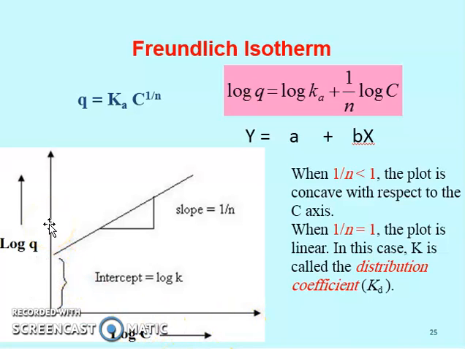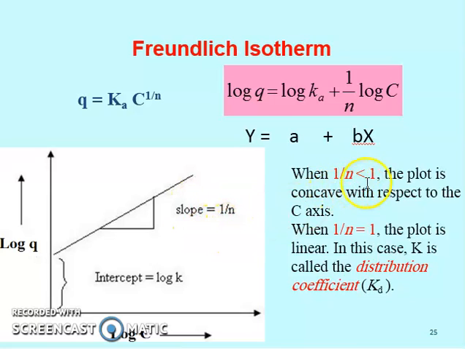It's easy to obtain. Plot it on a line. The intercept point is log K, while the slope is easy to calculate. Isn't it the difference between 2 points on the y-axis and 2 points on the x-axis? You will obtain the slope easily. The slope will equal 1 over n, so it's easy to calculate 1 over n.